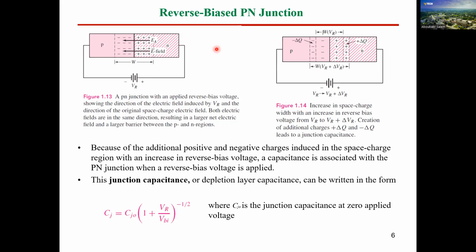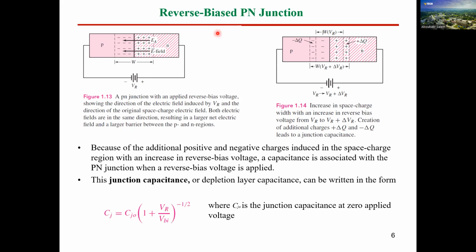In this case, guys, we call this biasing. Biasing of a semiconductor material means connecting the supply to the semiconductor material. So this is the meaning of biasing. Let's start with the reverse biasing.